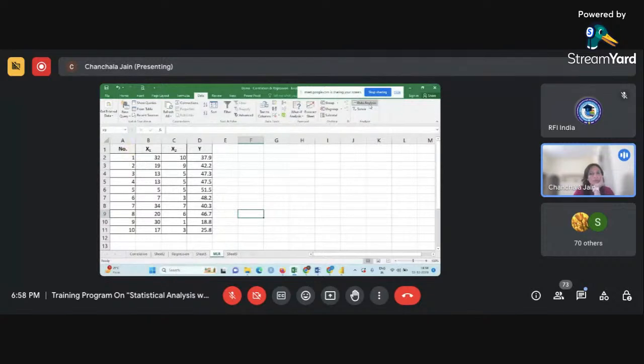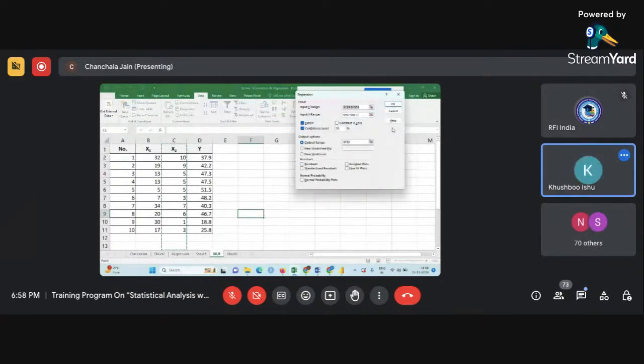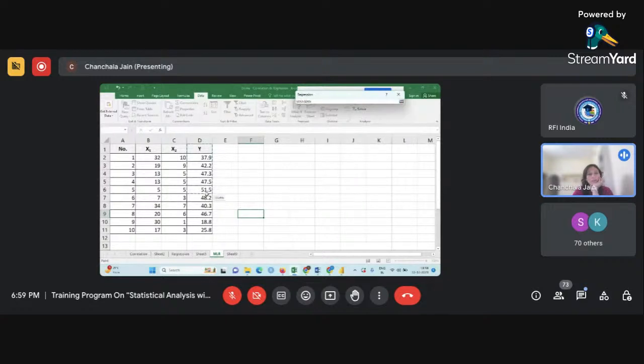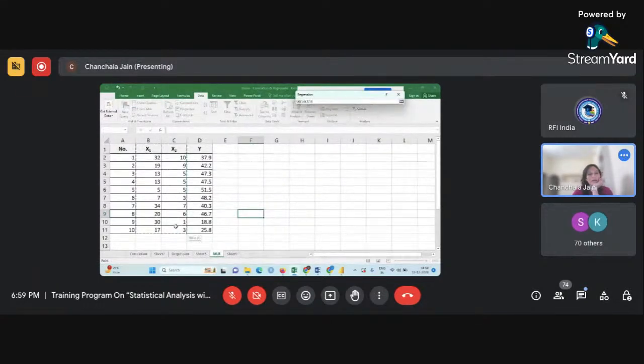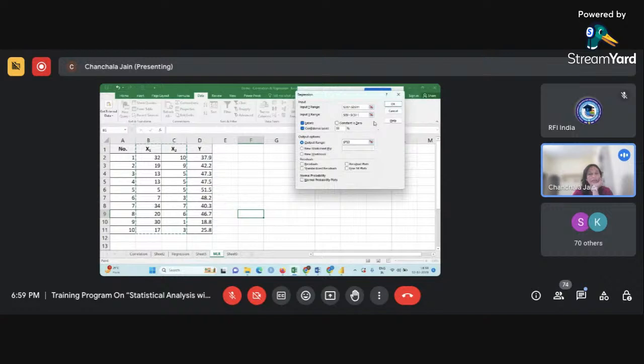You need to again go to Data Analysis, select Regression, and press OK. You can remove any ranges you are getting there. Now you need to provide the range of your y variable, that is your dependent variable, so I'm selecting it. Coming to the x range, you need to select both the variables x1 and x2 together like this.